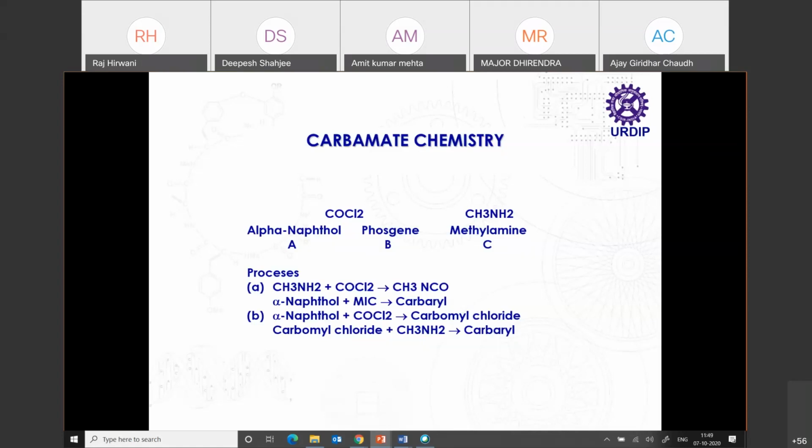Union Carbide sells this product for 130 rupees a kg. If you put a number on this chemistry which has been patented, the number comes to 600 rupees. Now to this farmer, you're going to say that you made this pesticide in a very safe process, so now he should pay 4 times the price.